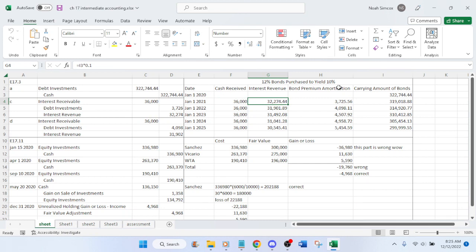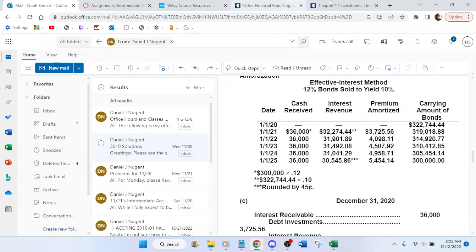Then you do this minus this equals bond premium amortization, or it could be bond discount amortization, depending. Then you do this number minus this number to get that number. Then repeat the process until you get to the bottom, and then make any adjustments because they gave you a stupid number at the top. They give you the wrong number, so you have to make an adjustment at the bottom, but whatever. And that's how you do it.